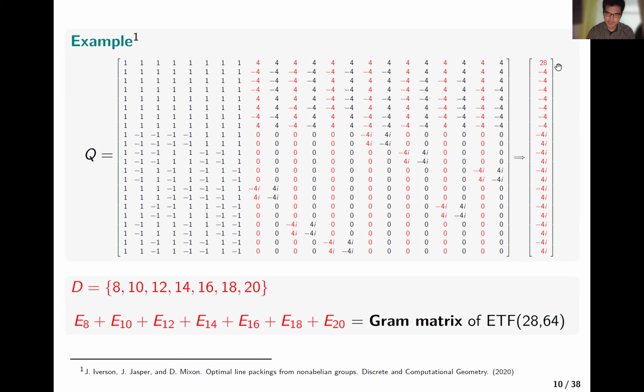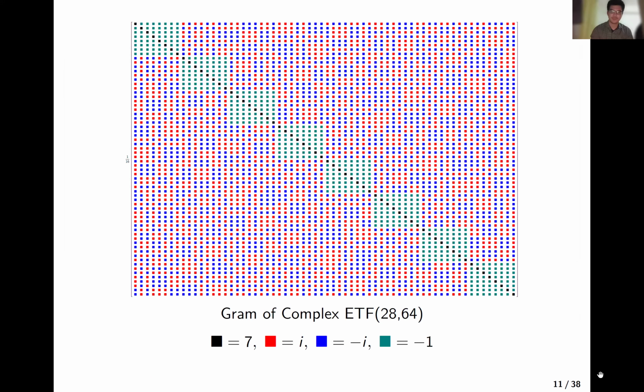And aside from 28 at the topmost entry, every entry has a modulus of 4. That tells me that the sum of the corresponding idempotents is the gram matrix of an equiangular tight frame. And that's shown by this matrix over here, graphically represented. So this is a complex ETF of 64 vectors over a dimension 28 space.